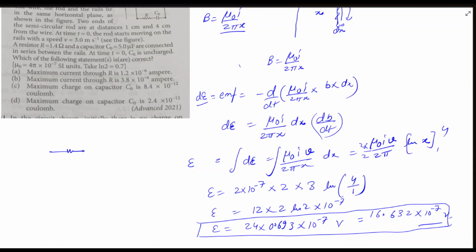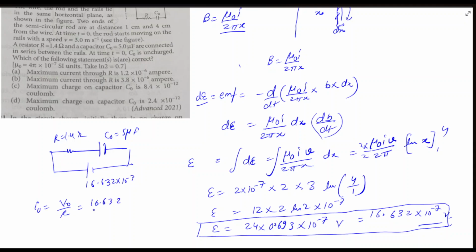Okay. So this question becomes simple. We have a resistance, we have a capacitor, and we have a potential difference of 16.632 into 10 raised to power minus 7. The resistance is 1.4 ohm and the capacitance is 5 microfarad. So the maximum current I naught will be V naught by R. So it will be 16.632 divided by 1.4 into 10 raised to power minus 7.